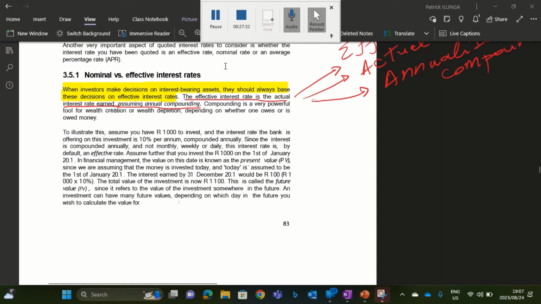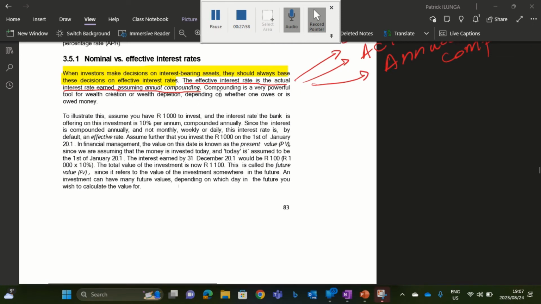This is what we call the future value. The present value is the 1,000 rand that you invested. The future value of it, because that investment has a 10% interest rate, at the end of that year, your investment will increase to 1,100. So that will be at the end of the first year.